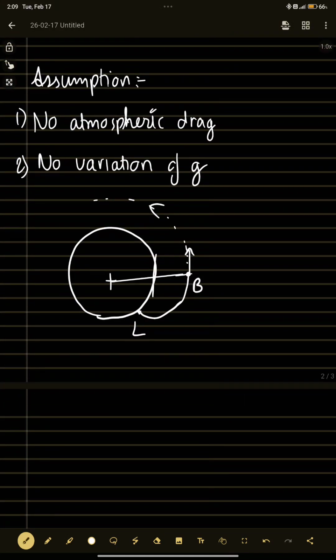You have to assume there is no atmospheric drag, and here there is a fine point. This Vr is with respect to the nozzle, and this nozzle is part of the rocket. So this exhaust velocity Vr is actually the relative velocity given to you.